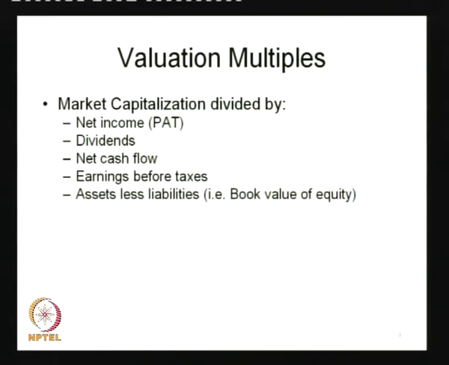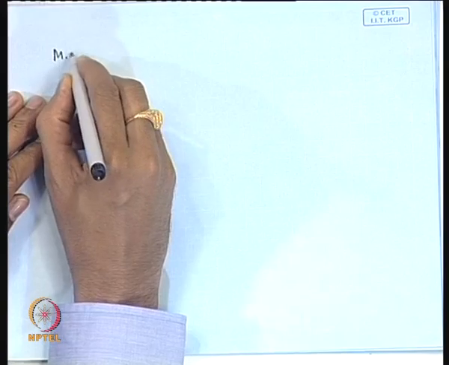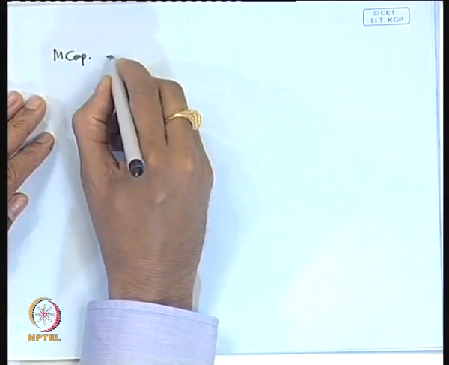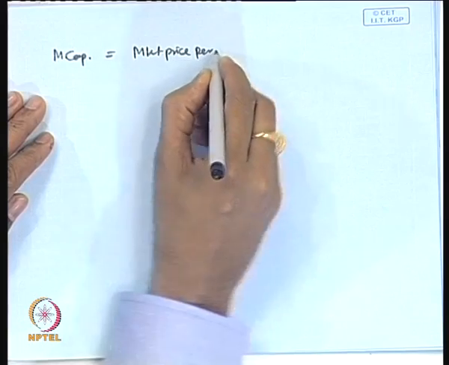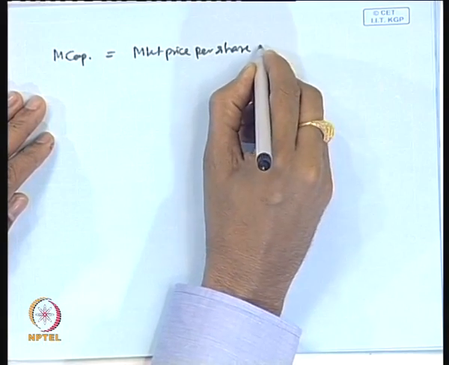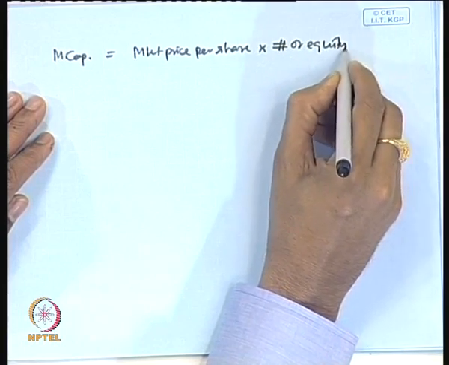And coming to the different types of multiples that we have, we can divide the market capitalization of the particular company by the profit after tax of the company. When we say market capitalization, also popularly known as MCAP, it is nothing but the market price per share into the number of equity shares.